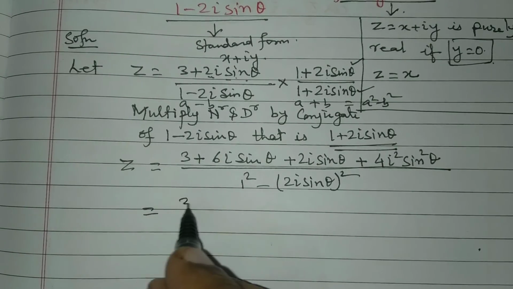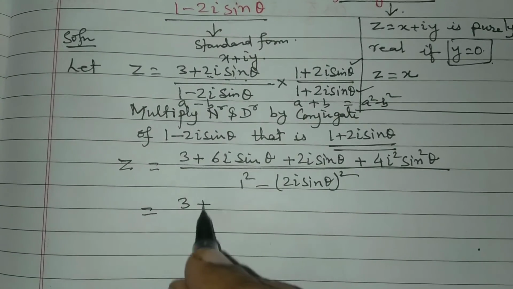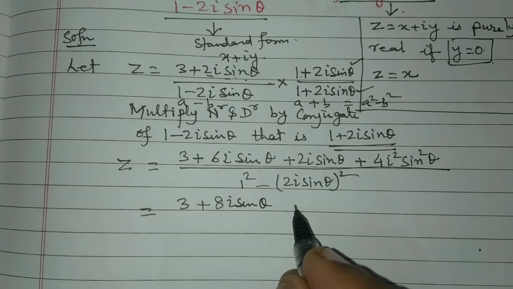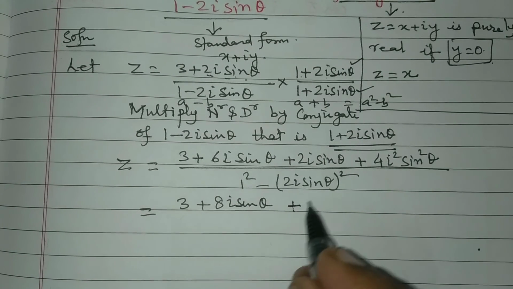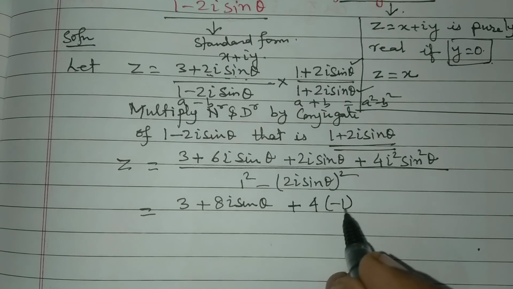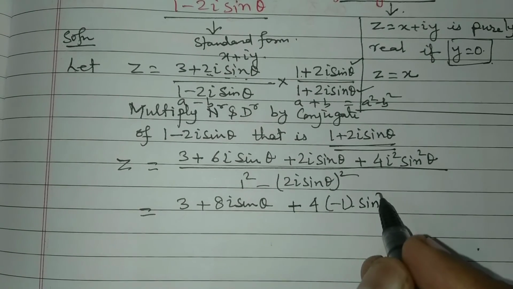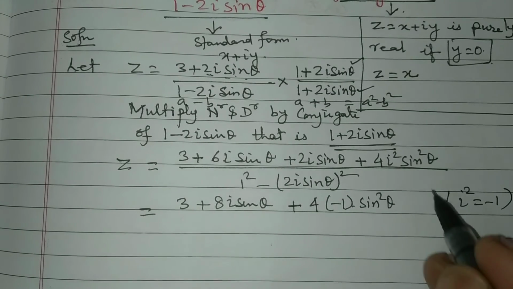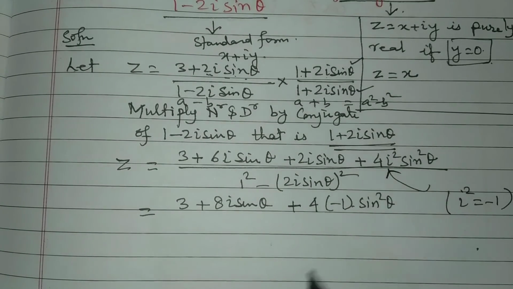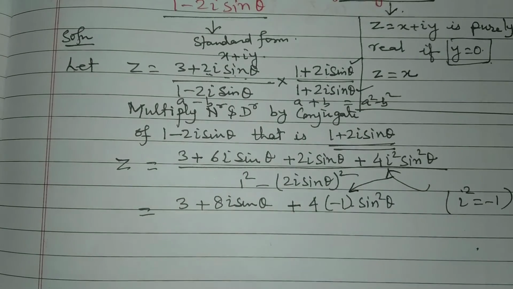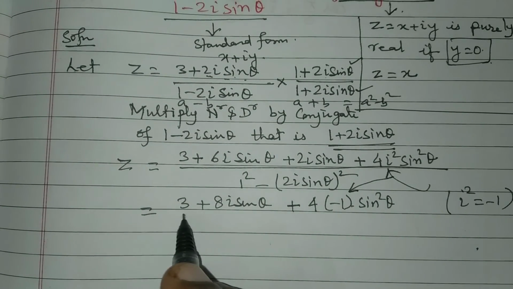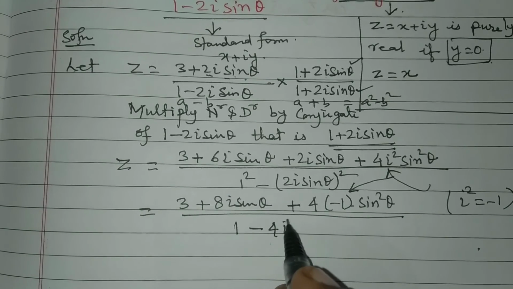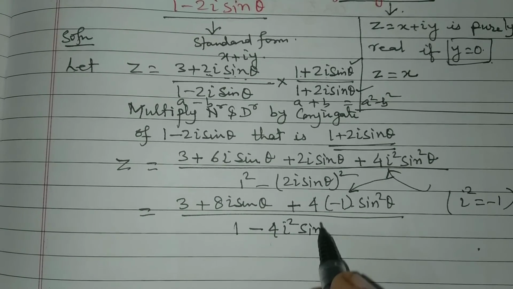So now it is 3 plus 8i sin theta plus 4 into minus 1 sin square theta, since i square is equal to minus 1, and divided by 1 minus 4 i square sin square theta.